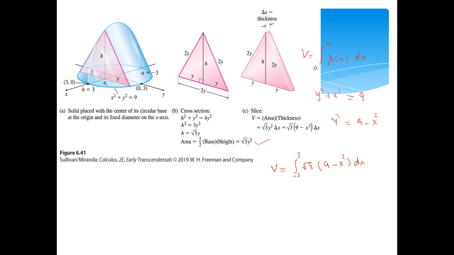Okay, so this is equal to 2 times the integral from 0 to 3 of square root of 3 times 9 minus x squared dx.